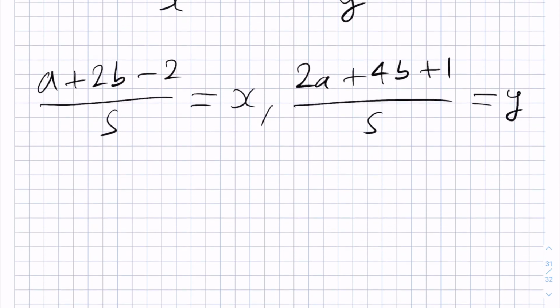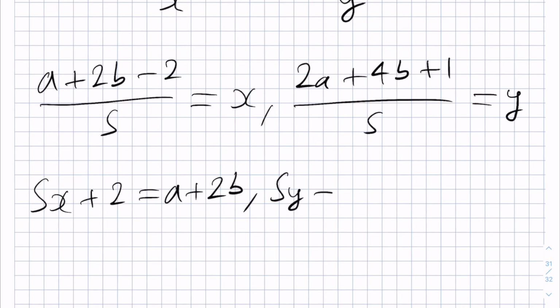Then we can multiply by 5 on both sides of these equations and add across the required constants to get 5x plus 2 equals a plus 2b, and then 5y minus 1 equals 2a plus 4b.